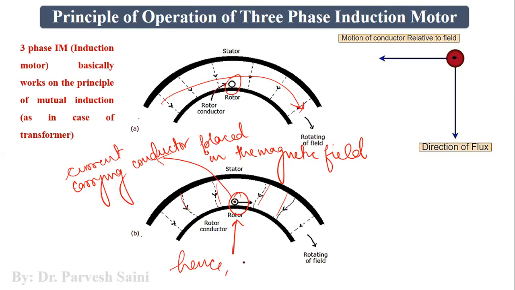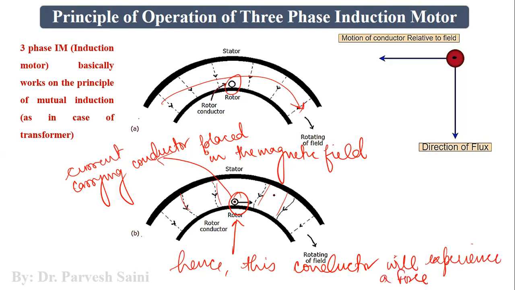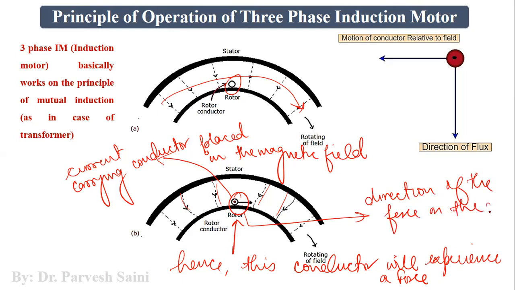Hence this conductor will experience a force, and the direction of the force on this conductor is given by Fleming's left hand rule.